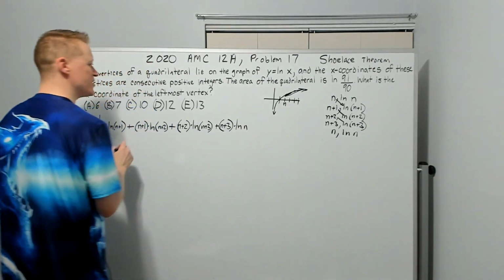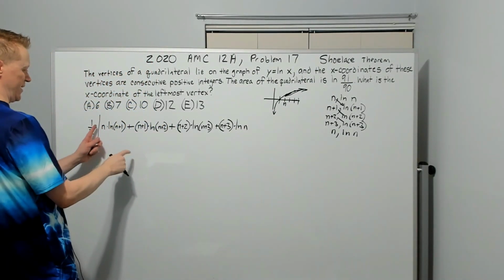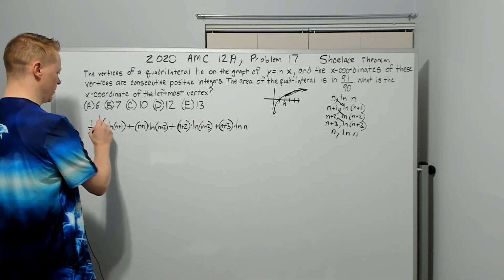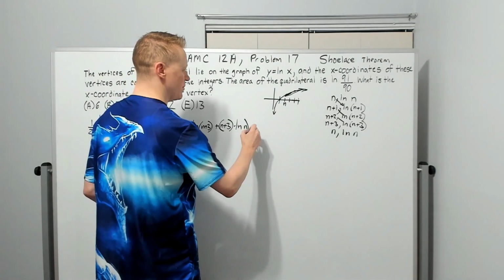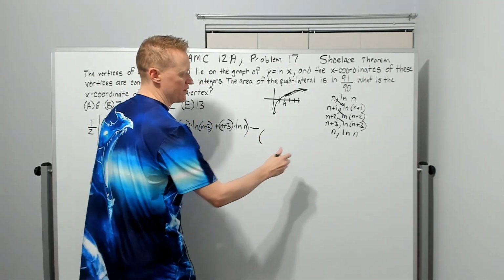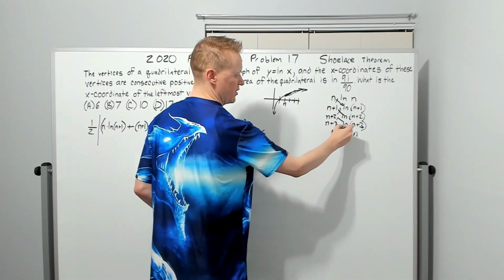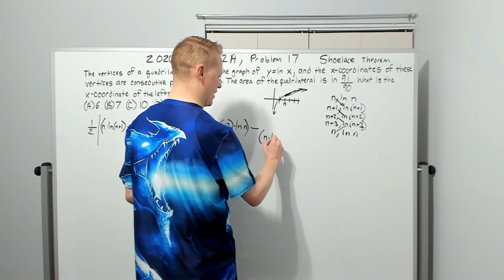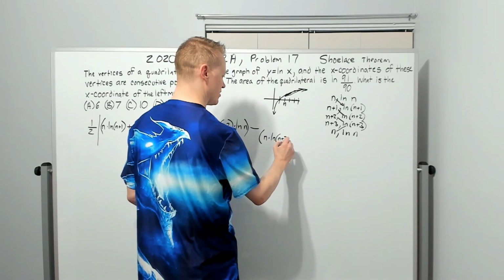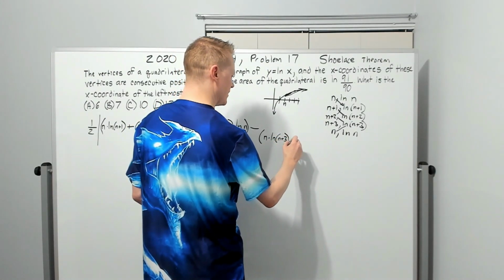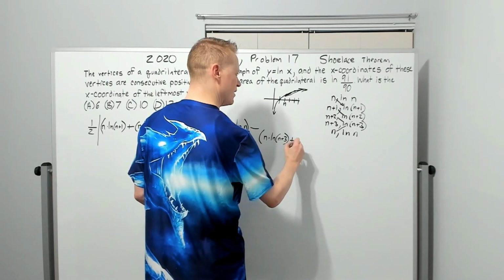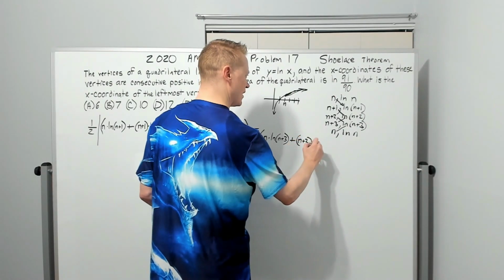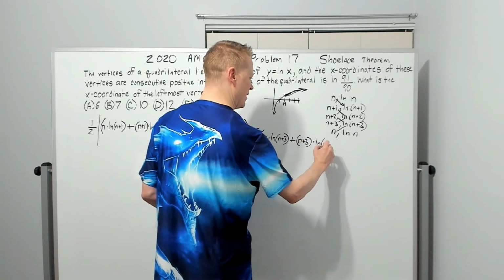Okay, now that is just the first part, right? Technically, you don't have to put parentheses around this, but we'll put parentheses just because. And then it's minus the other expression. The other expression is the opposite direction of the shoelaces. So it's going to be minus n times the natural log of n plus 3, and then plus this one here, which is going to be n plus 3 times the natural log of n plus 2.